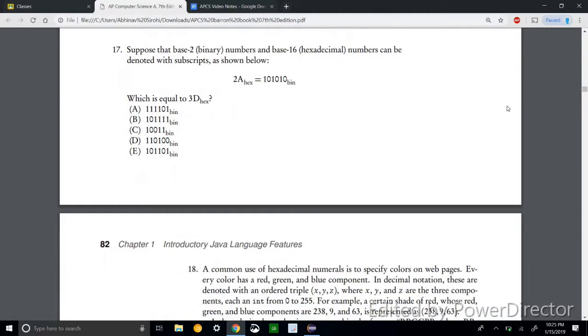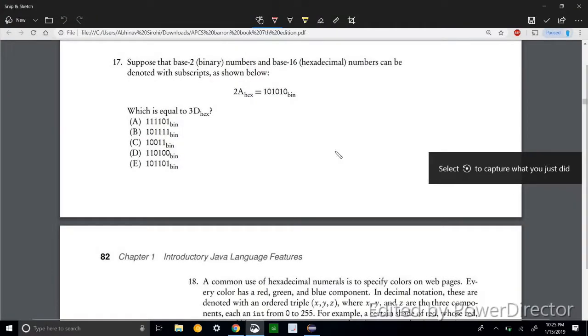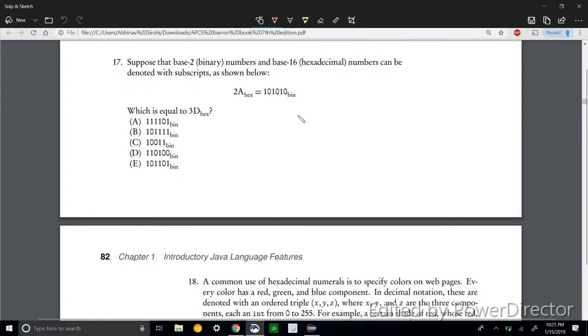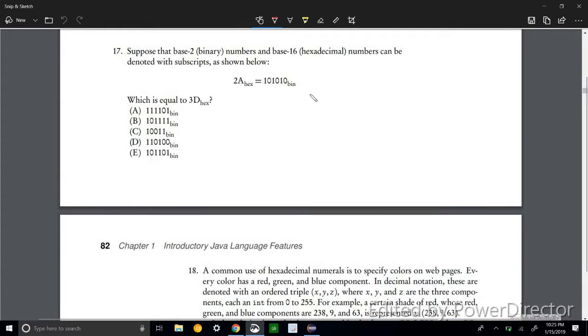Number 17. Suppose that base 2 binary numbers and base 16 hexadecimal numbers can be denoted with subscripts, as shown below. And it asks which is equal to 3D hex. So for this question, we have to find what 3D hex is equal to.